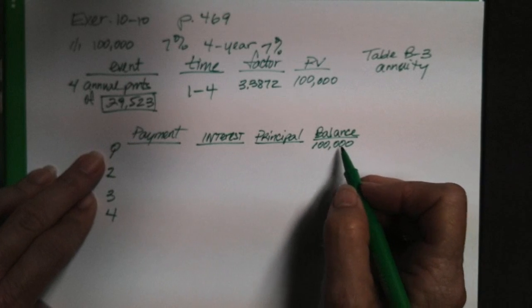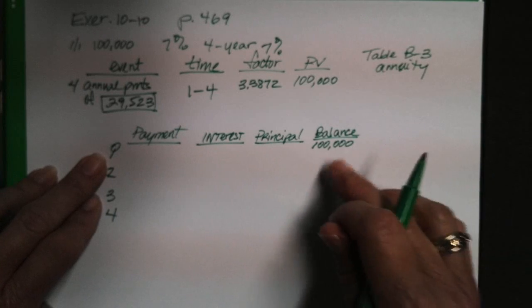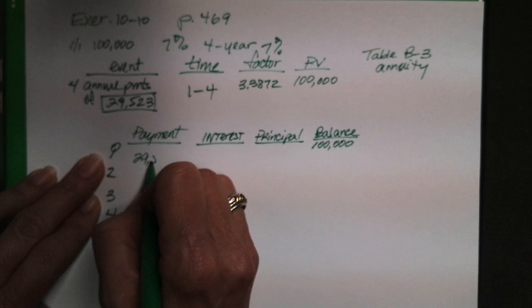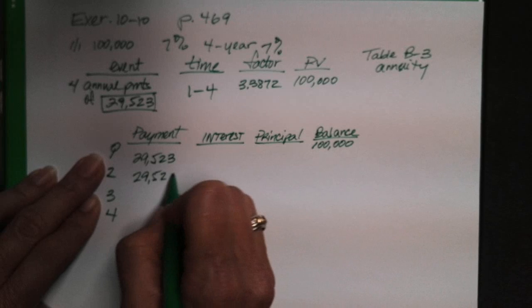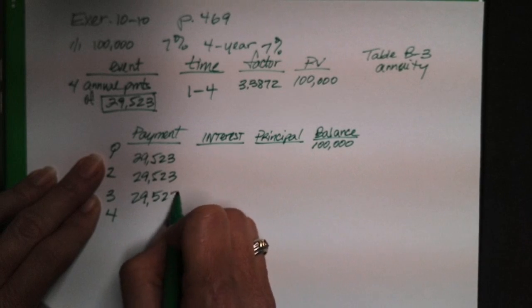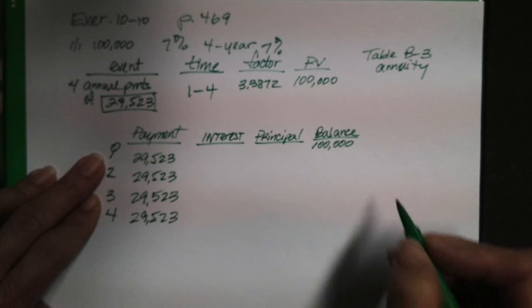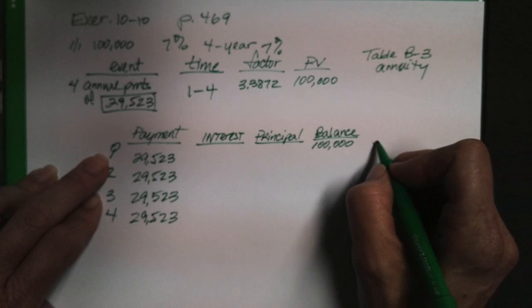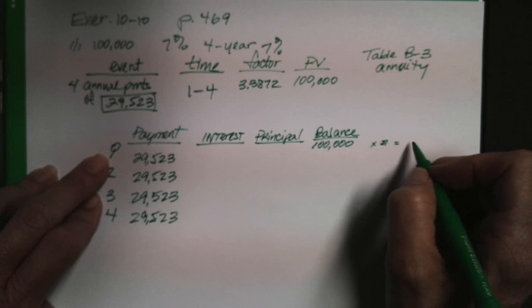When we make our first payment, exactly a year from now, we're going to pay $29,523, and we're going to pay $29,523 every year. That's a lot more than $100,000 because it has the interest built into it. After 1 year, we're paying 7%, 0.07 on $100,000.